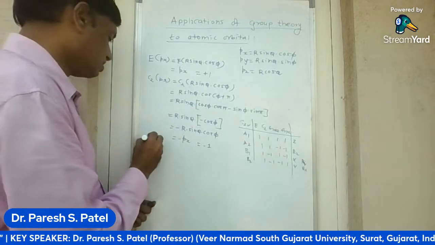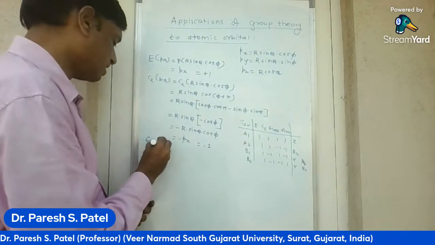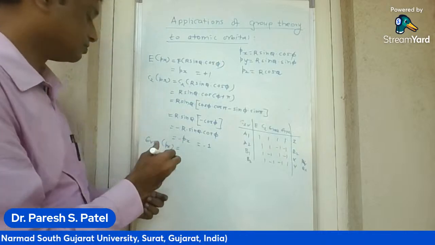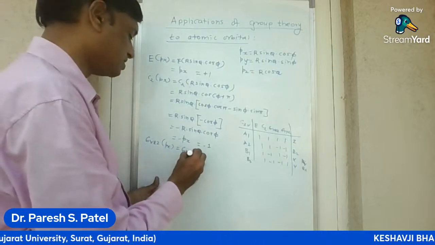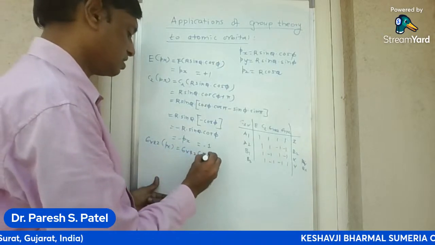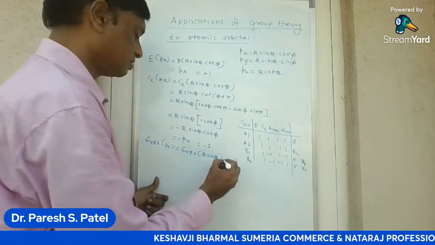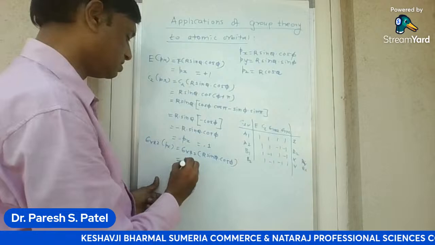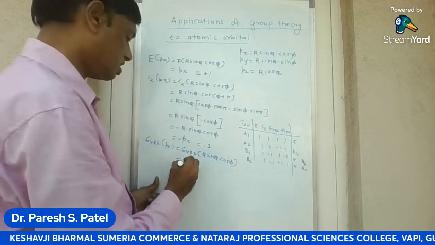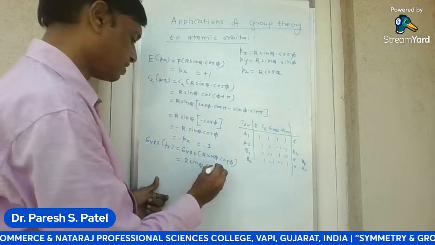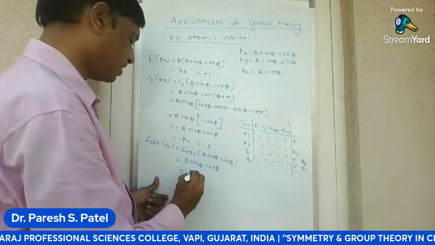Similarly, sigma Vxz into Px, sigma Vxz on R sin theta cos phi. So there is no change. It means R sin theta cos phi is equal to Px.